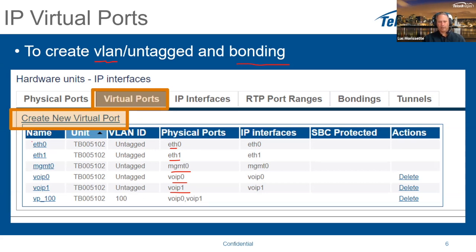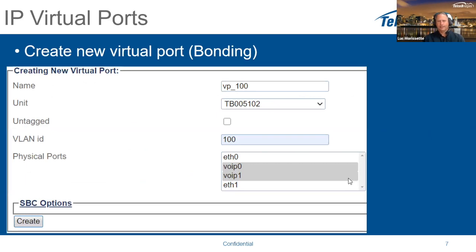So you will have these ones by default in the system, plus if you do create a new virtual port, you can do this here. Let me just show you what it looks like. When you create a new virtual port, you can give it a name here. I usually put the VLAN ID here as the name, so you can recognize which VLAN this is.